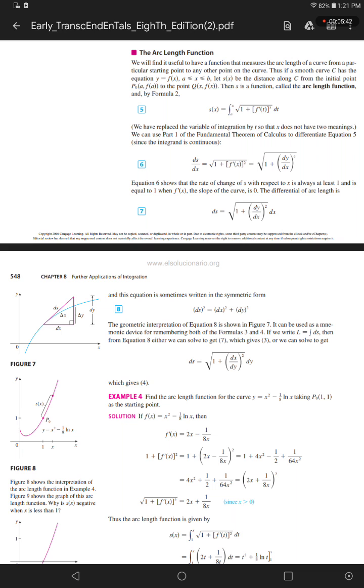The differential of arc length is equation 7, ds = the square root of 1 + (dy/dx)² dx. And this equation is sometimes written in the symmetric form. Equation 8, (ds)² = (dx)² + (dy)².